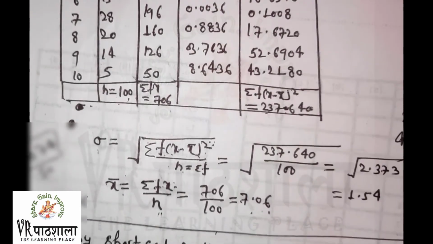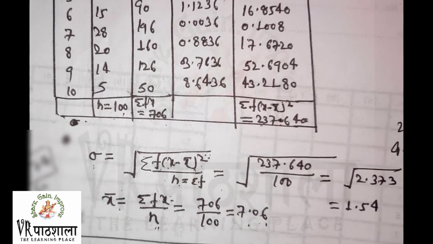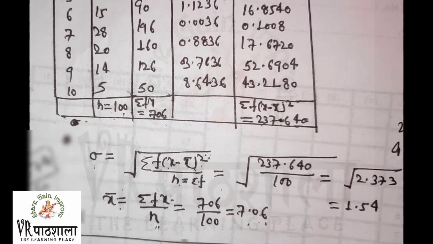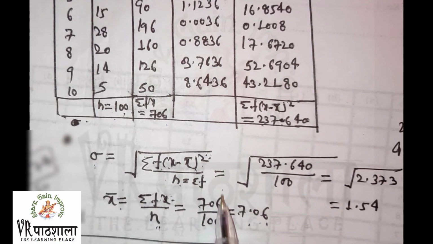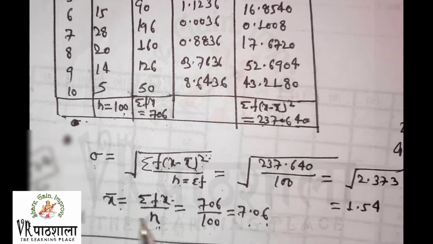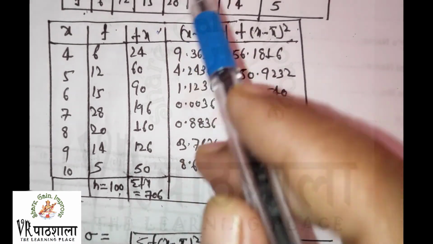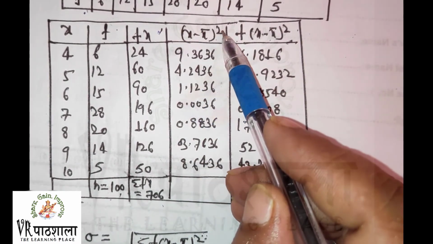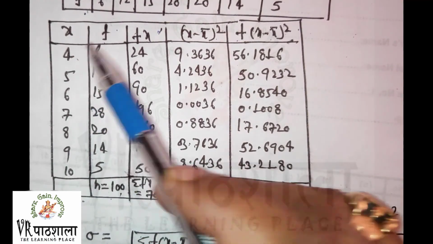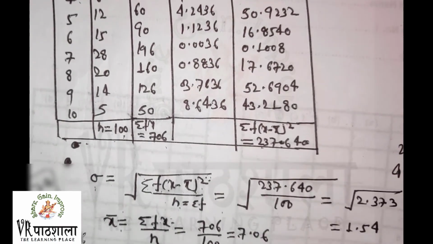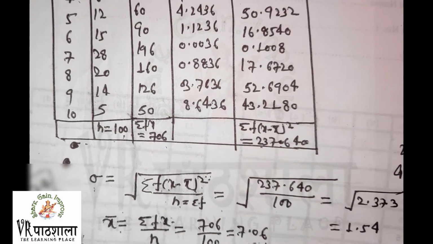So now the mean is summation fx over n. Summation fx is 706 and n is 100, so the mean is 7.06. So we have now x bar, the mean. Now we calculate a column (x minus x bar) square. Here x is given and the mean is 7.06.